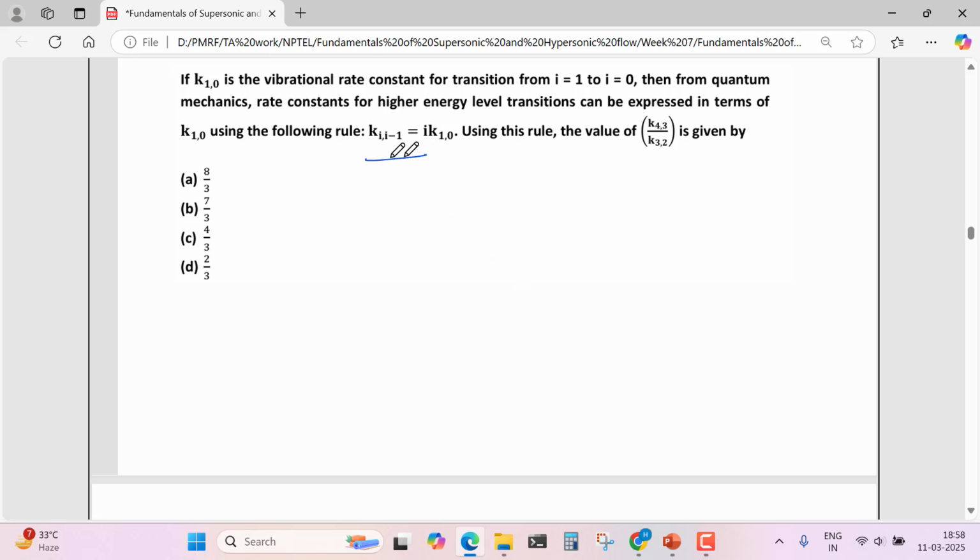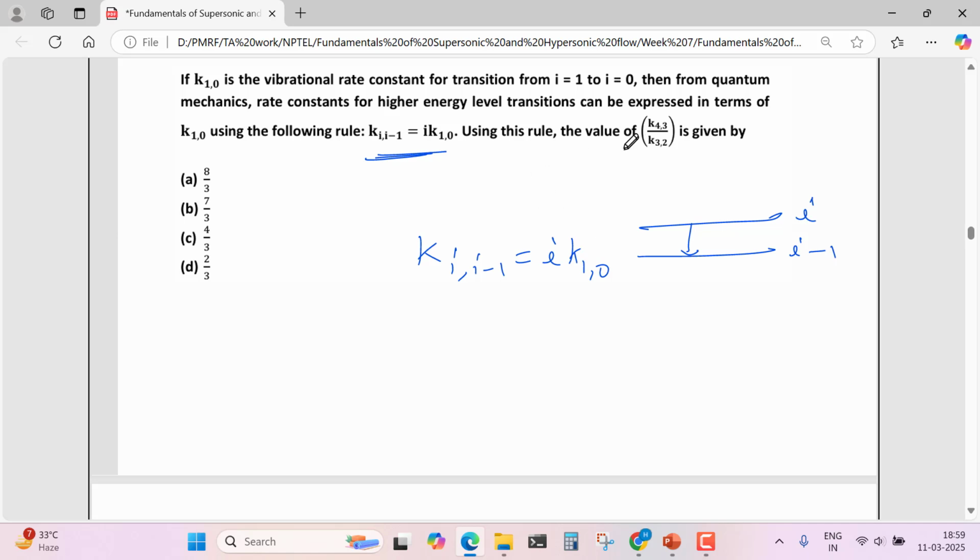This is from quantum mechanics: K(i, i-1) equals i times K10. K(i, i-1) means that the transition is happening from level i to i minus 1, and it is given by i K10.